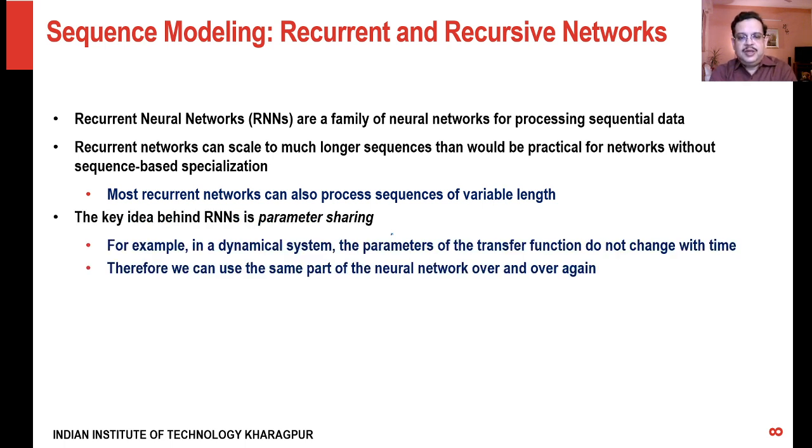The key idea behind recurrent neural networks is parameter sharing. So when we talk about a transfer function, the transfer function parameters do not change with time. So if you look at a control function, then the coefficients in the transfer function remain the same. So if we can learn them, then we can recursively use the transfer function to be able to predict the value of the state at the next time step or the next to next time step, and so on and so forth.